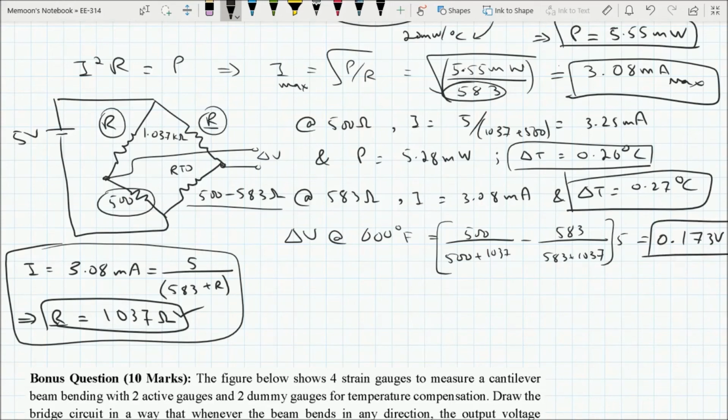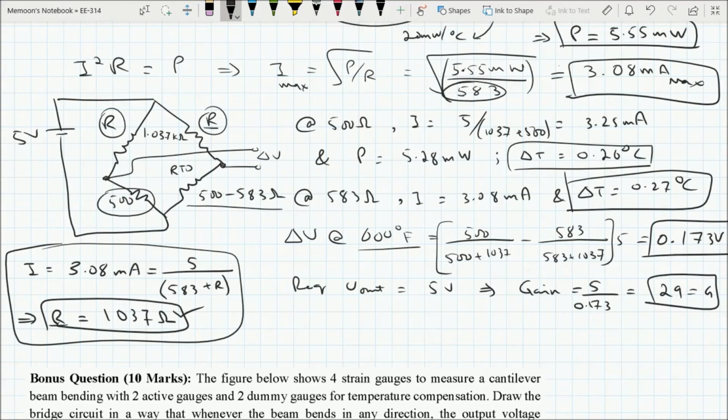And how much voltage did we need? At 600 degrees Fahrenheit, the required V out is equal to 5 volts. This implies that the gain should be equal to 5 over 0.173, and that would be equal to 29. So you have to provide a differential gain of 29 to your delta V.